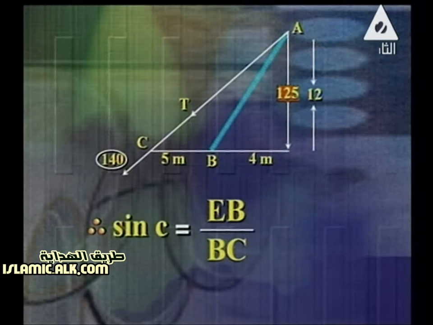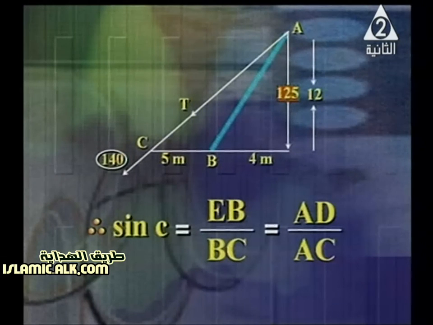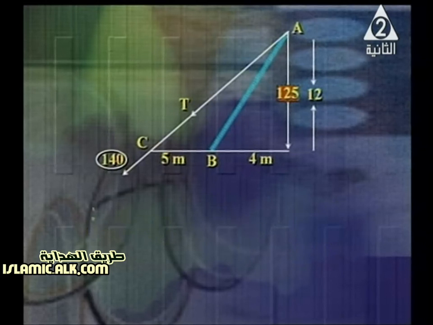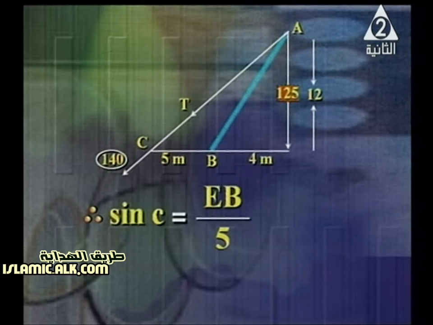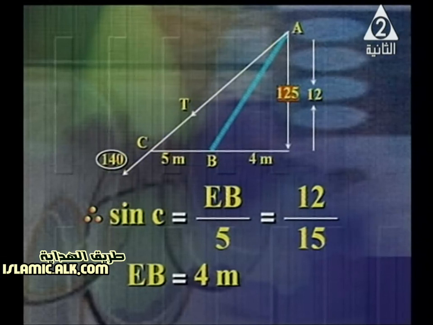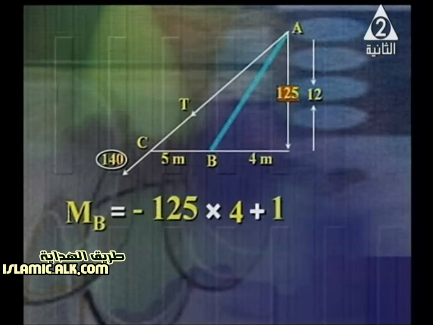Then we find sin C by two methods: EB over BC, and sin C equals AD over AC. The relation is sin C equals EB over 5 equals 12 over 15. By cross multiplication, we find the length of EB equals 4 meters. The moment about point B equals negative 125.